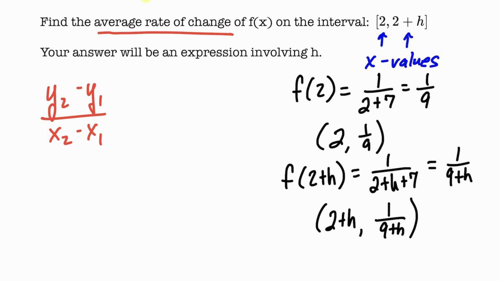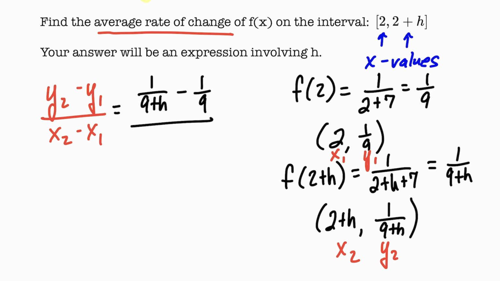So when we're thinking about filling into our formula, I'm going to go ahead and label this as x1, y1, and x2, y2. To fill in, we're going to start with y2, 1 over 9 plus h, minus y1, 1 over 9, all over x2, 2 plus h, minus x1, 2.